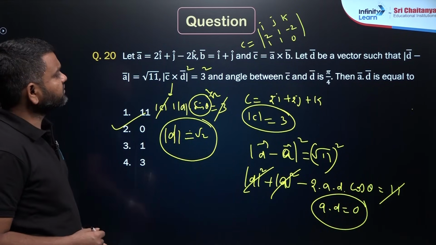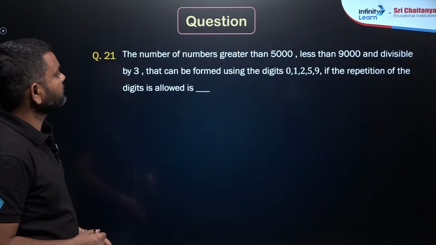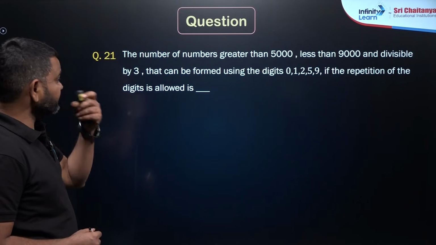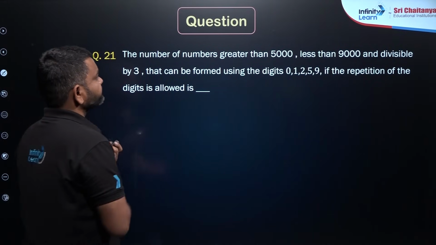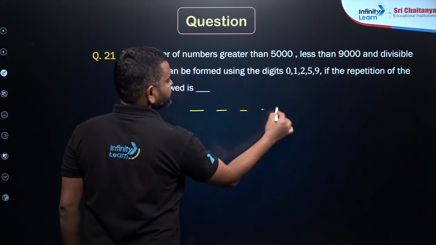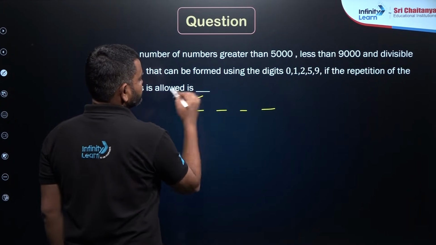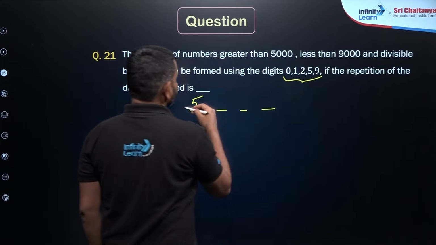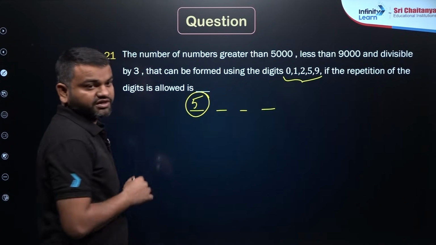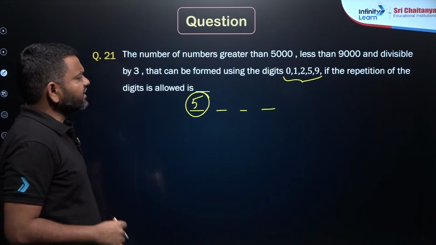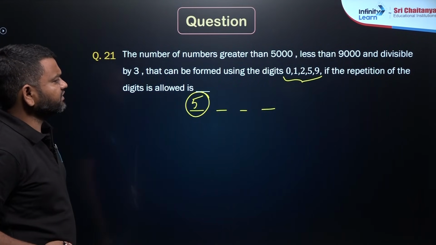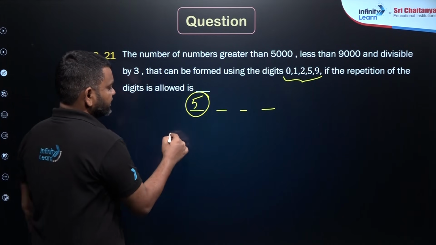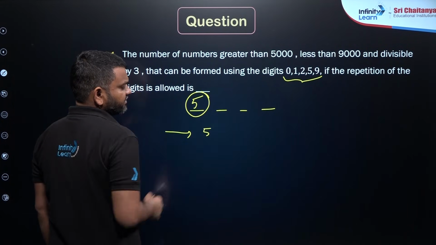Alright, next. A number greater than 5000 and lesser than 9000. So I need a 4-digit number. Greater than 5000 means 5 needs to be there, and out of these digits I cannot take 9 here, so only 5 is the possibility for me.